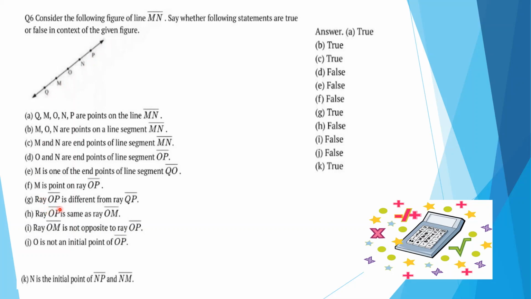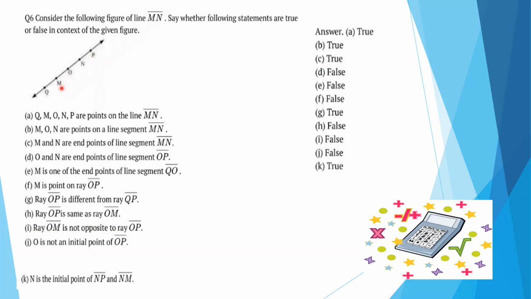Ray OP is different from ray QP. OP is here and QP is here. These two rays are different because their initial points are different. H part, ray OP is the same as ray OM.